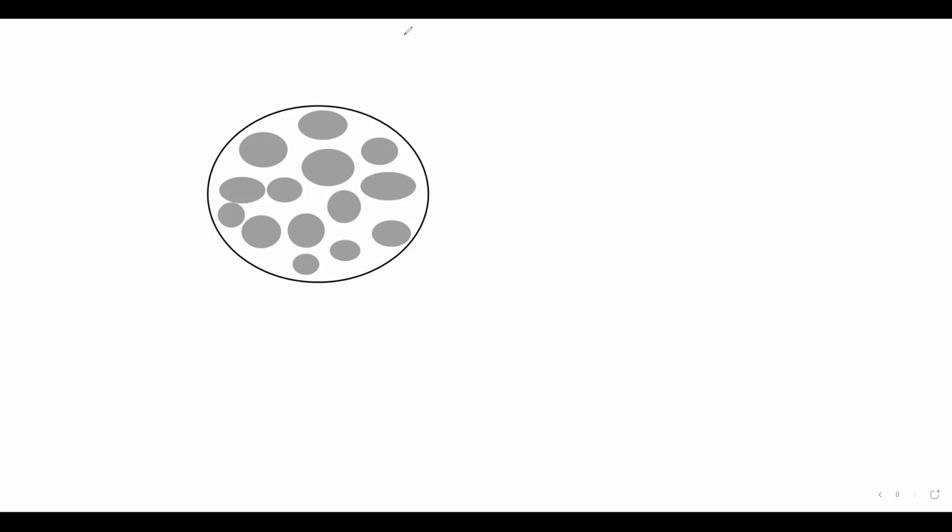So the moment we bring the charged rod, if I bring a negative charged rod, which side will have more electrons, the right hand side or the left hand side? These are the positive ions. Which side will have the majority of electrons, the right hand side of the sphere or the left hand side of the sphere?